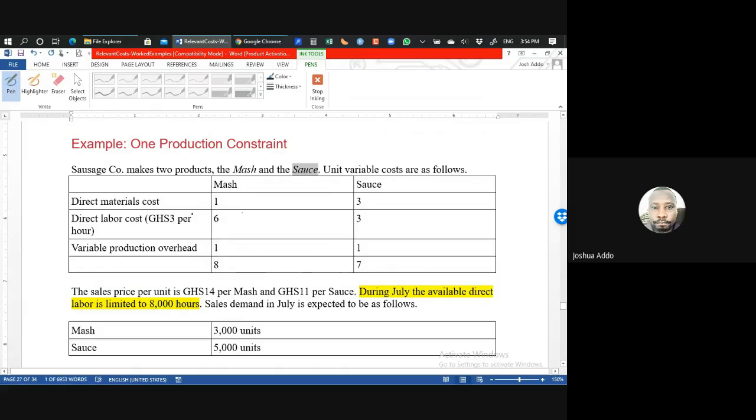So 3 times a certain number of hours will give you 6, and that has to be 2. So the hours required for the production of one mash is 2 hours.